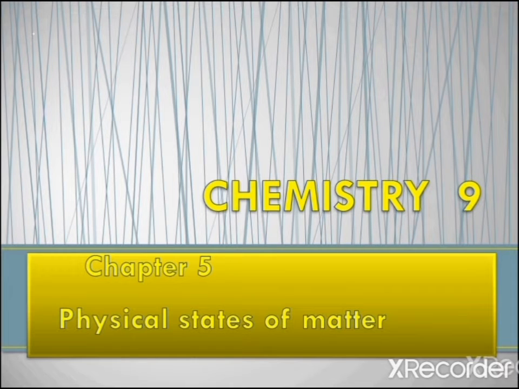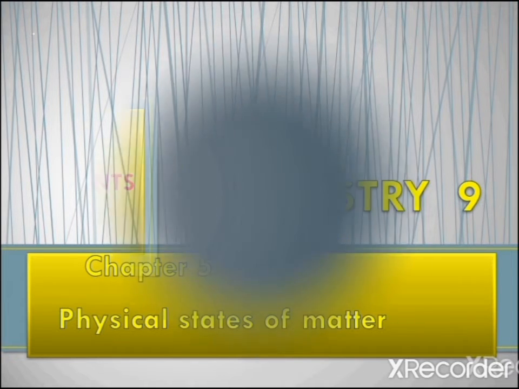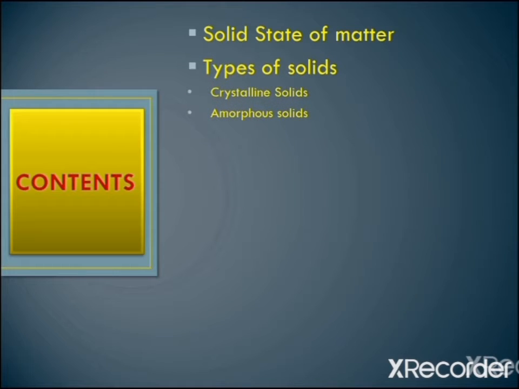Today we are going to discuss our last topic of chapter 5, physical states of matter. Today we are going to discuss solid states of matter. We are going to discuss different types of solid like crystalline solids and amorphous solids.